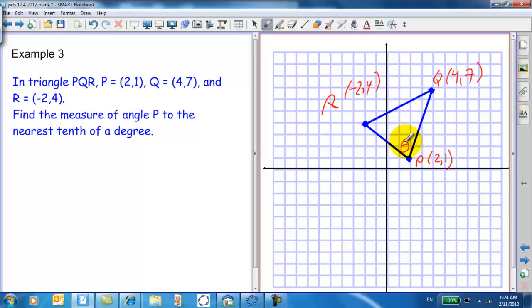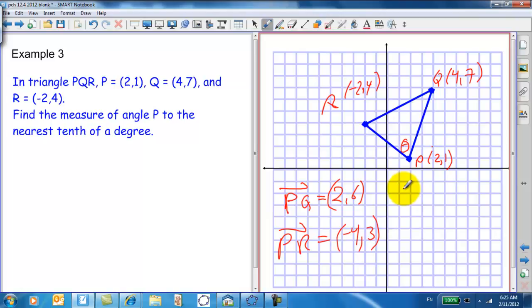So what we need though is these two vectors on either side. PQ, this is one nice thing about the graph paper, is you can just kind of count over. You're going 1 over 2, up 1, 2, 3, 4, 5, 6. PQ is <2, 6>. PR is backing up 1, 2, 3, 4, and going up 3: <-4, 3>.